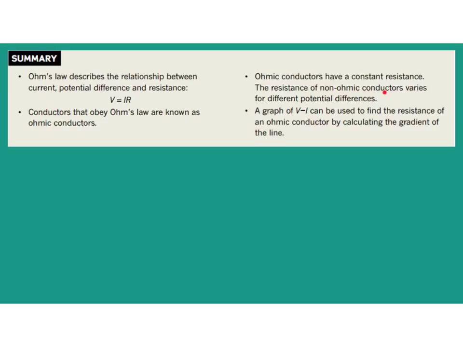The resistance of non-ohmic conductors varies with potential difference, meaning it's actually the current that affects the temperature, and the kinetic energy moving makes it harder for the electrons to get through, so it increases the resistance. And to find that, we need to use a graph, and we need to use a specific spot in a non-ohmic conductor. That rounds up the lesson.